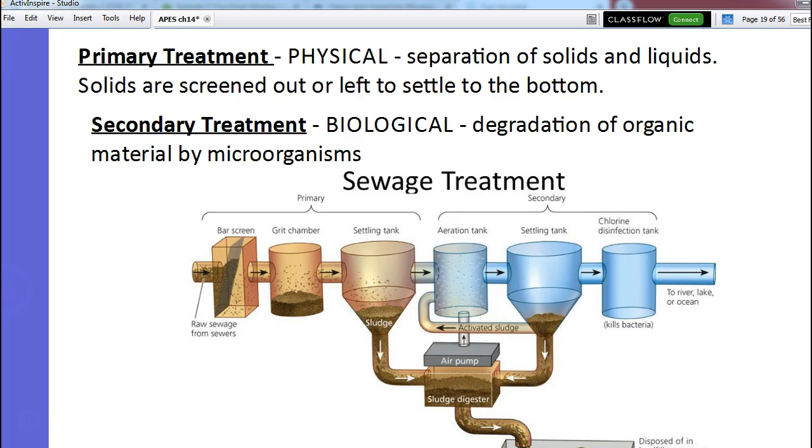That would be like disinfection, using chlorine or ozone, something like that. So again, this wastewater then is relatively clean and can be discharged back into a river. The sludge can be made into fertilizer or manure, basically, for agricultural purposes or something else.